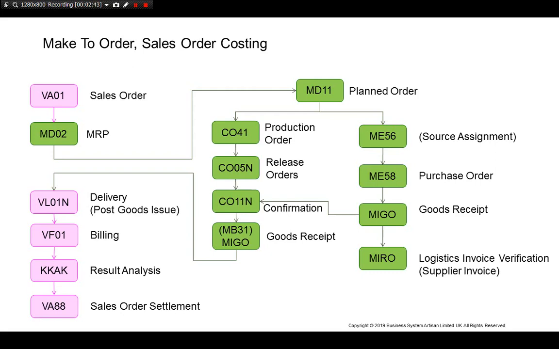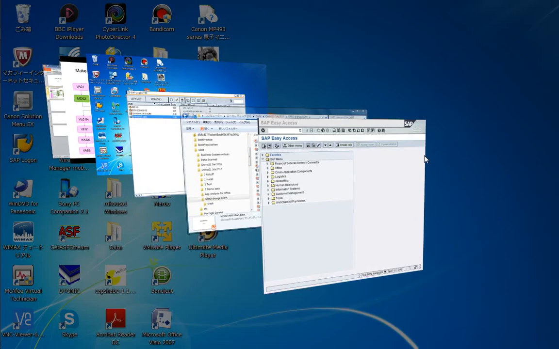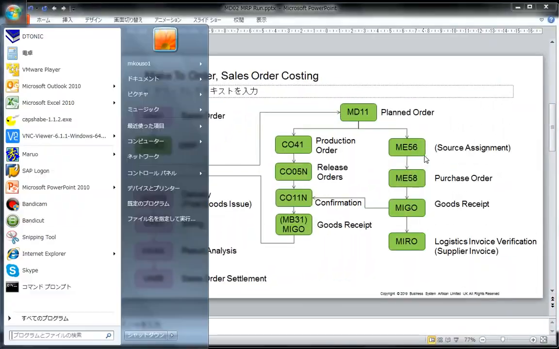But for the purchase requisition, if the source list doesn't exist, you have to first assign the source using ME56. This server has a software bug on this ME56, and I want to skip this process and go directly to ME58. So I just checked the source list. So 2 points: production version and the source list.